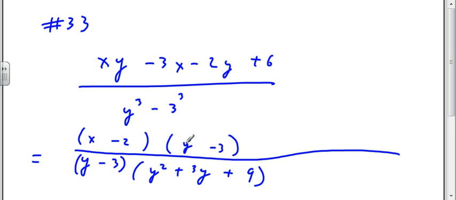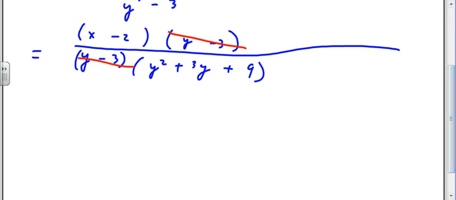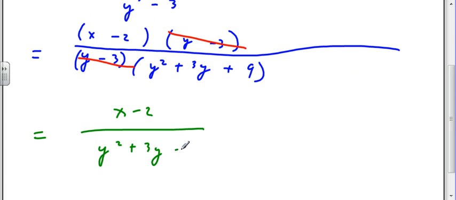Isn't that convenient? He goes away, he goes away. And now we can say x minus 2 over y squared plus 3y plus 9.